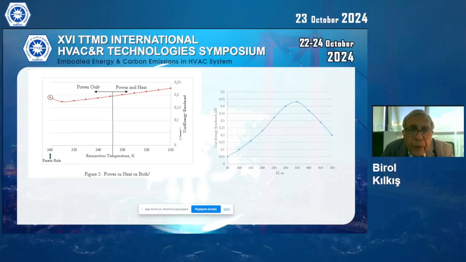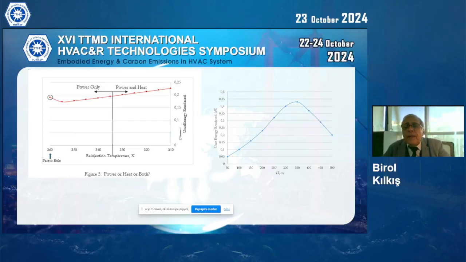At, for example, 310 Kelvin reinjection temperature, which is about 40 degrees, you get the maximum output, which belongs to power and heat, not power only. The power only is slightly below, slightly less than 0.2, but when you get the reinjection temperature to the lower limit, you can have unit exergy rendered up to 0.23 kilowatt hours per kilowatt hour of energy.